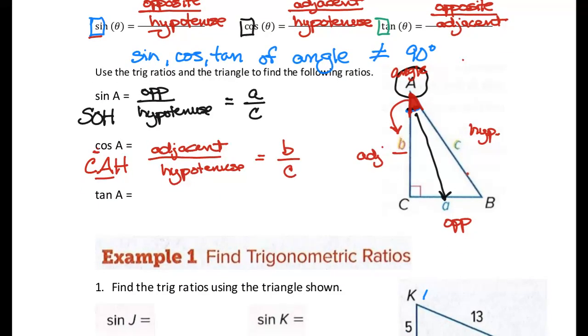And finally, tangent. That's TOA. So that's T-O-A. For the tangent, that means we have to find the opposite side divided by the adjacent side.